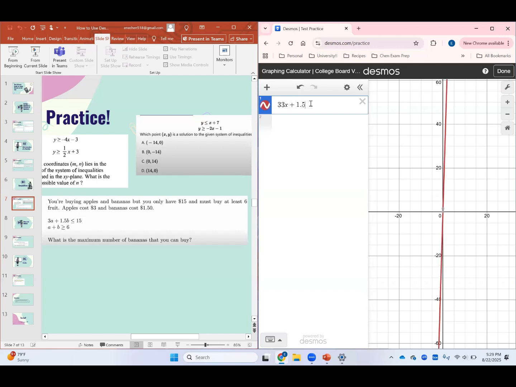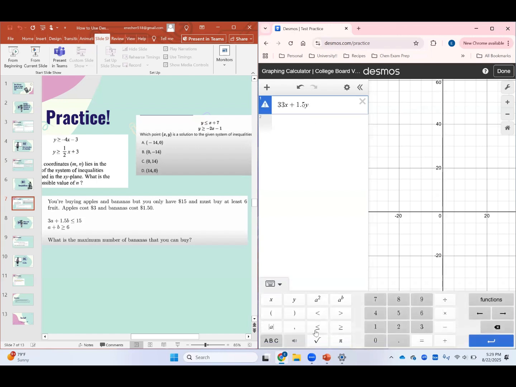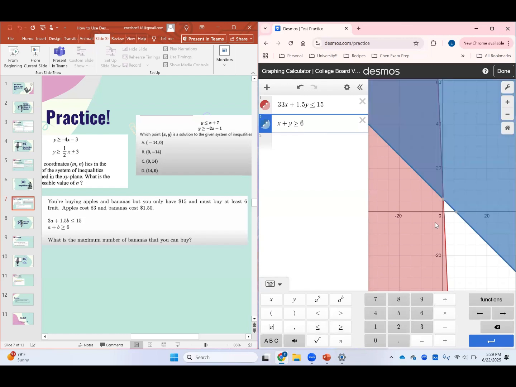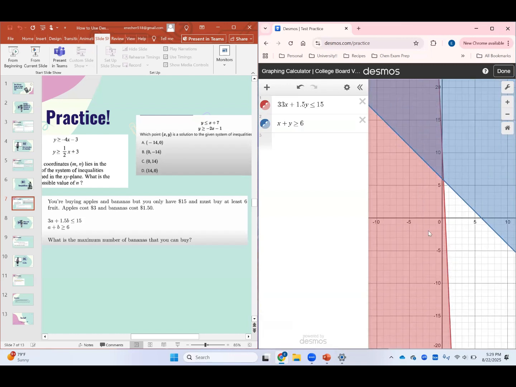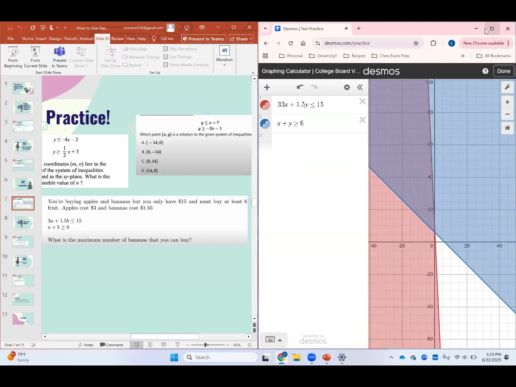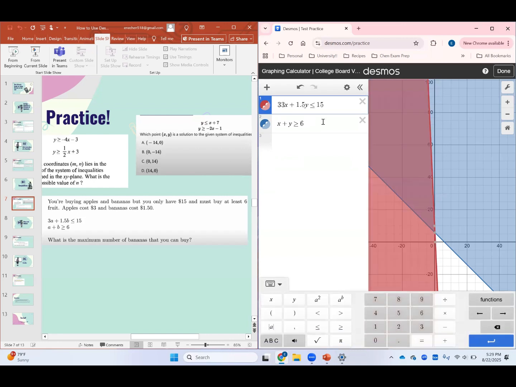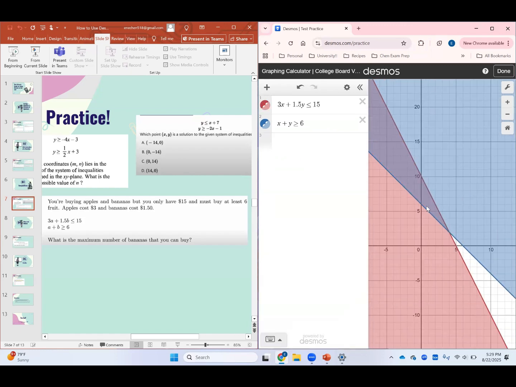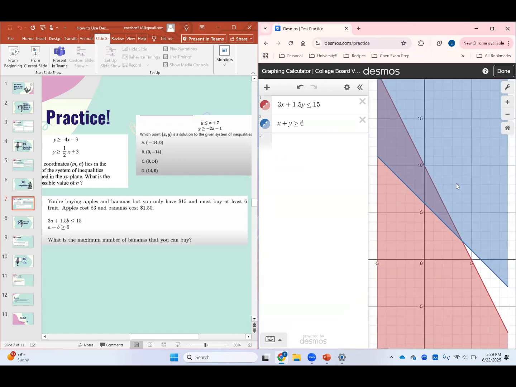So I'm going to put this in. x plus y. Okay, so now that I've put it in, we can see this chart. Oh, that's why it looked kind of weird. Not 33, 3. Okay.